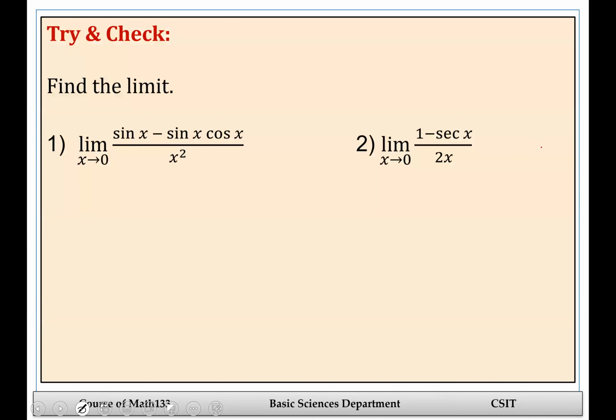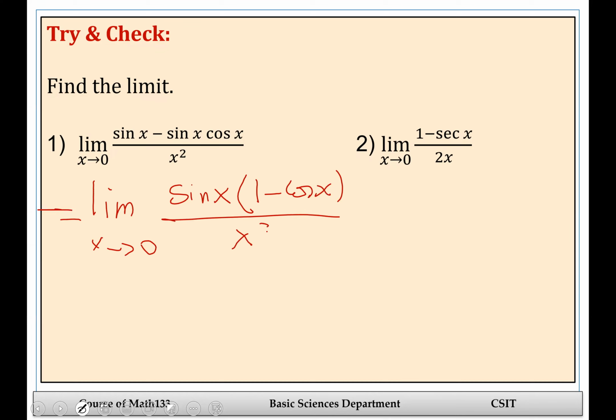Okay, now try and check this example. So the first limit, x approaches 0. I will put sine x as a common factor in the numerator. So sine x times 1 minus cosine x over x squared.